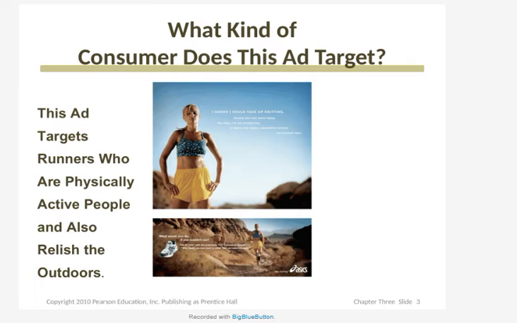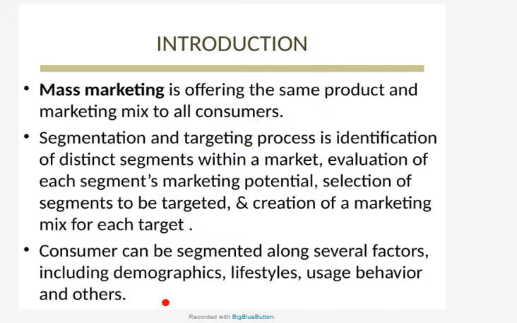Why do we begin such a beginning? Because we wanted to differentiate between several targeting strategies. We have, for example, one targeting strategy which is called mass marketing. Mass marketing, as the name implies, do you know what mass marketing is?